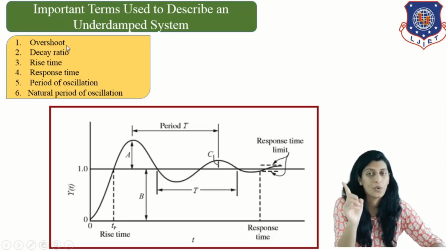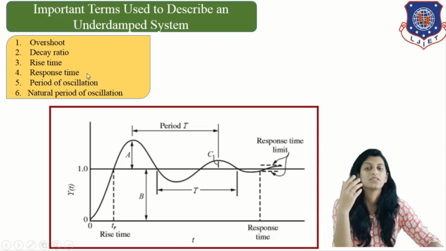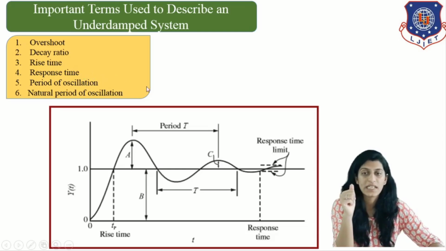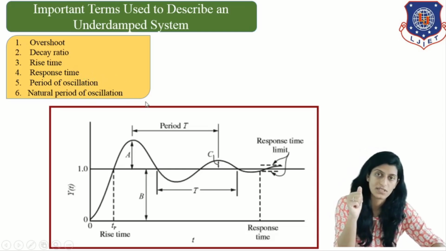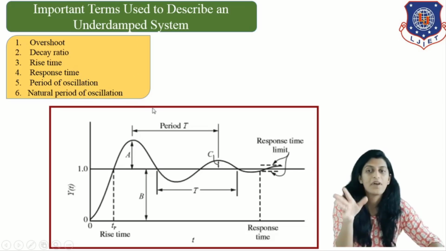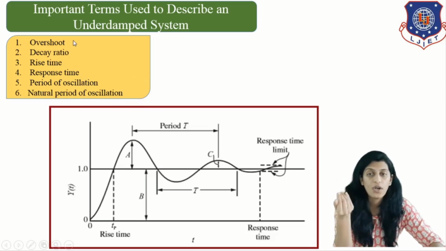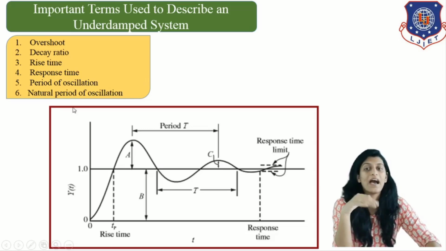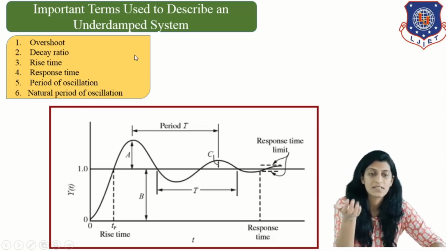First one is overshoot, then decay ratio, rise time, response time, period of oscillation and natural period of oscillation. One by one we will see what we mean by these terms and how they relate to an under damped system.